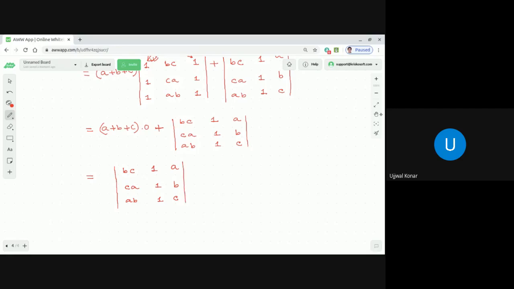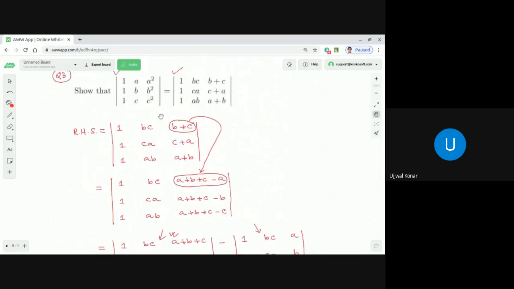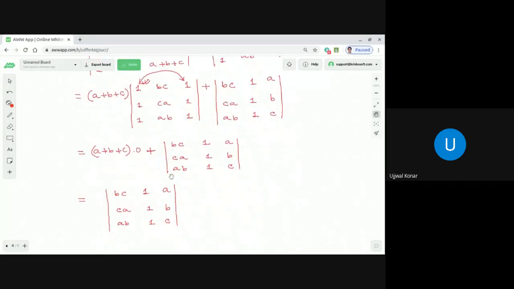We need to prove that in the determinant, ABC will be the second column elements, and A square, B square, C square should be the third column elements. So to do this, I need to multiply the first row by A, second row by B, and third row by C. So then what will happen here?